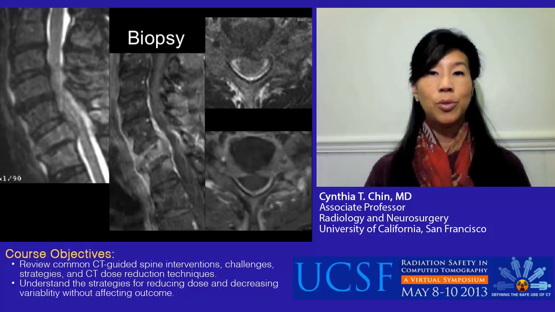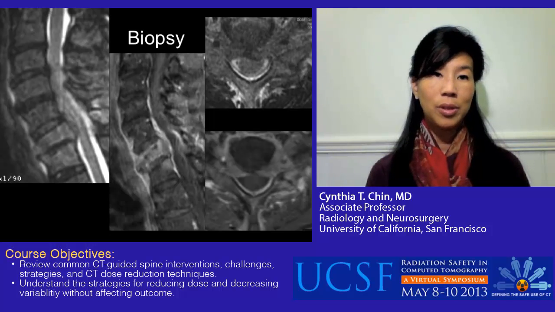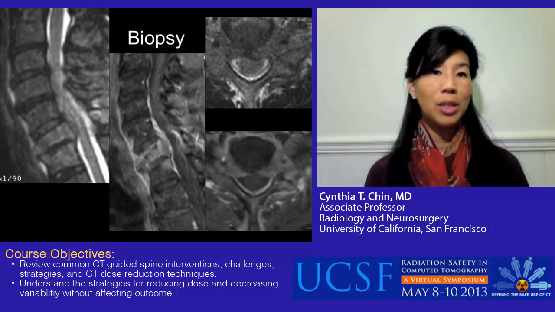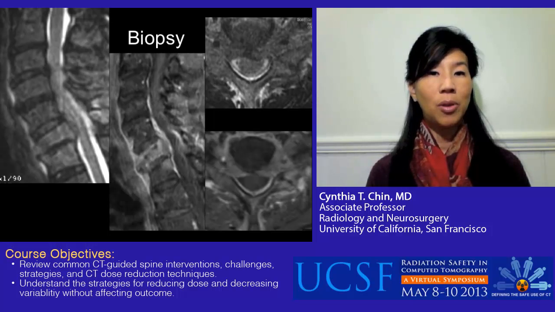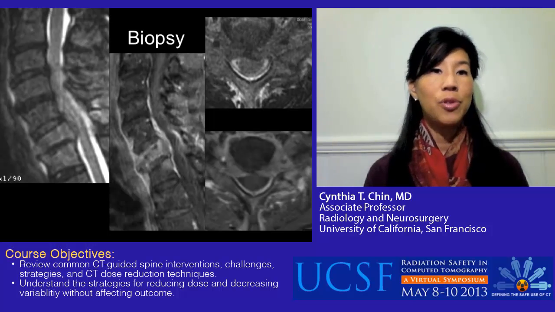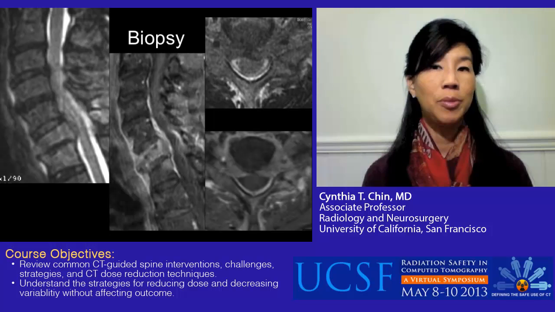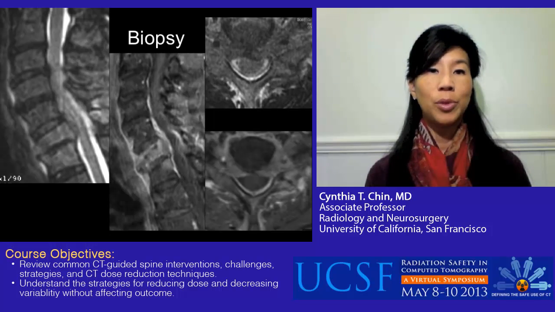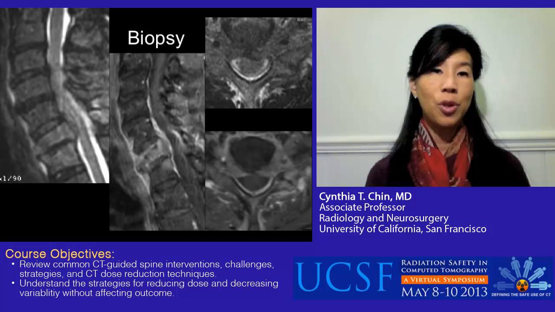Now, if you don't perform the types of injections we've shown here, nerve blocks and facet blocks, you can also apply this to biopsies, which is done in all different subspecialties in radiology. And here we have a patient with an MRI that shows pathologic compression and involvement of the cervical and upper thoracic spine with metastatic disease from his known primary bladder cancer.